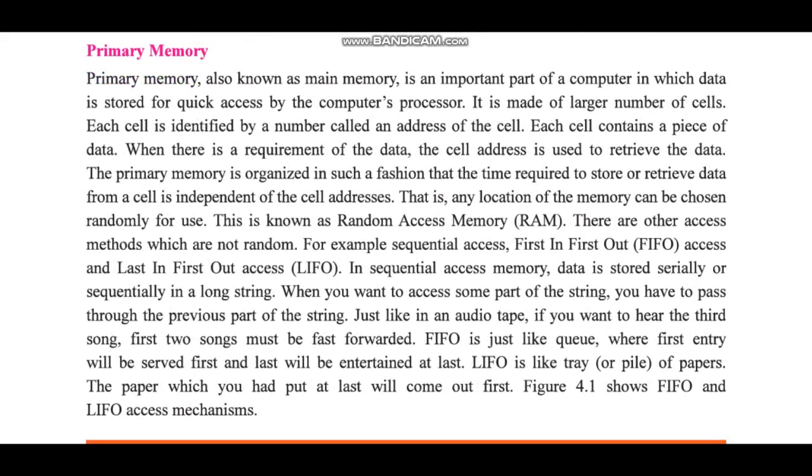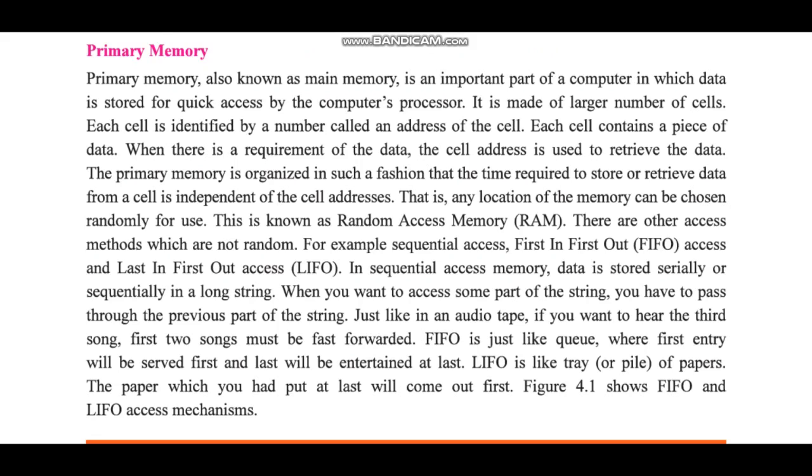In sequential access memory, data is stored serially or sequentially in a long string. When you want to access some part of the string, you have to pass through the previous part of the string. Just like in an audio tape, if you want to hear the third song, the first two songs must be fast forwarded.